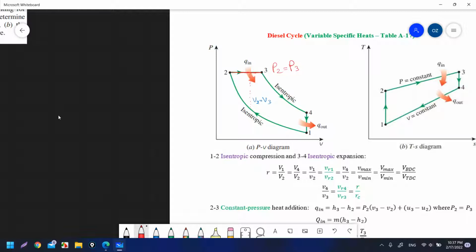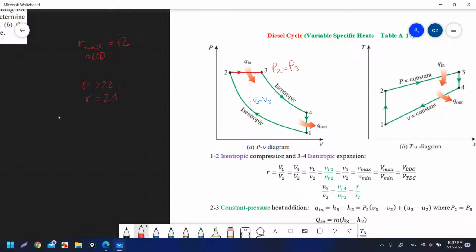For the Otto cycle, the maximum compression ratio that we can reach was 12. But for the diesel cycle, we can reach more than 22, or around 24.